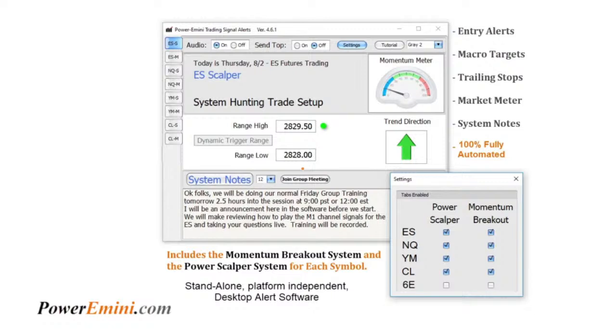So that being said, what I recommend is when you're following the system mechanically, get in the habit of always taking at least 2 attempts per day. Okay? In other words, if we catch the one big runner, then that's it. You don't need any more trades that day.